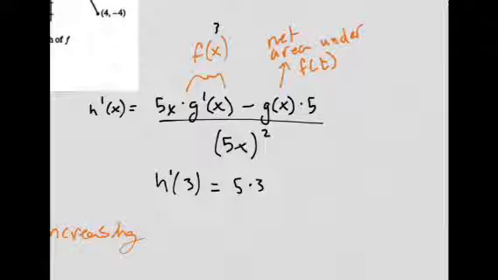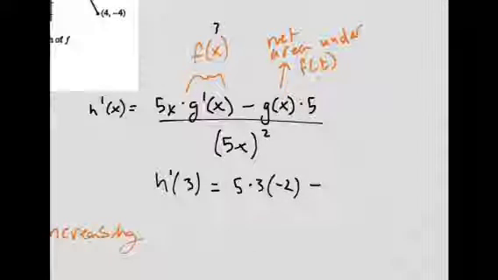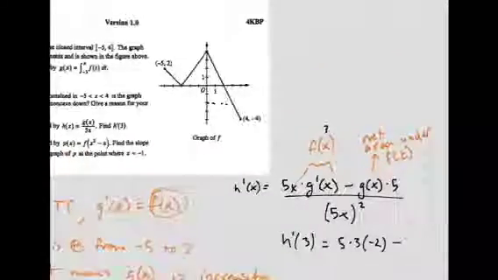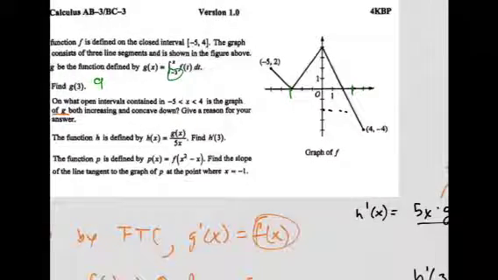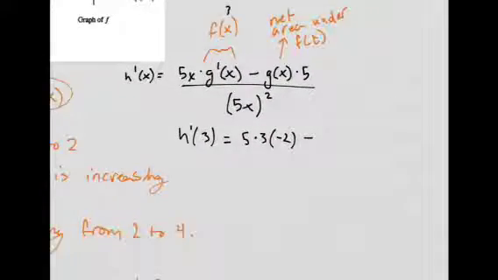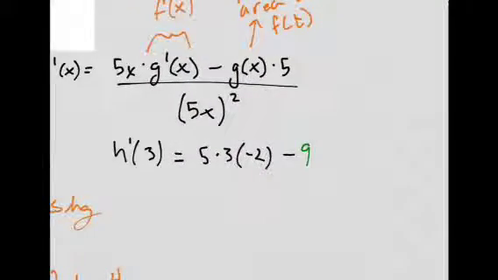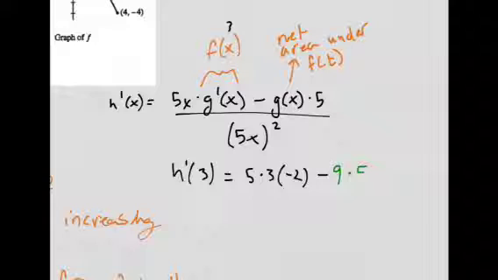So times negative 2 minus g. G is the net area, so g of 3, it would be the net area from negative 3 till positive 3. Did we already find that? We did. That was 9. Sweet. So that would be minus 9 times 5, all divided by 5 times 3, which is 15, squared.